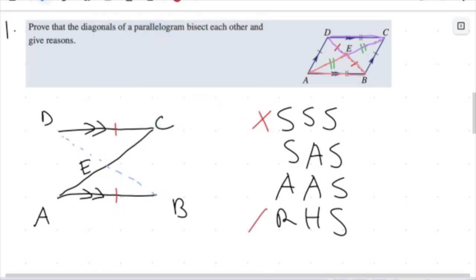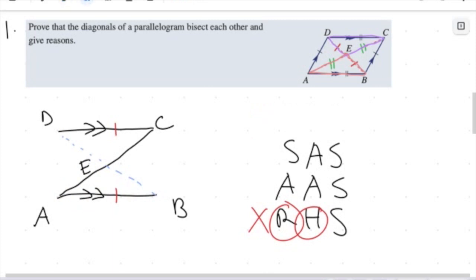Now I can also rule out this one down here, because this proof, if you remember, is just for right angled triangles. We need a right angle and a hypotenuse. Neither of these 2 triangles, this one up here and this one down here, are right angled triangles.